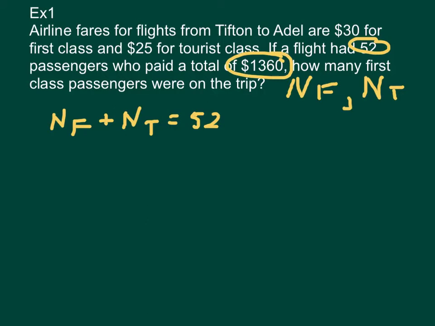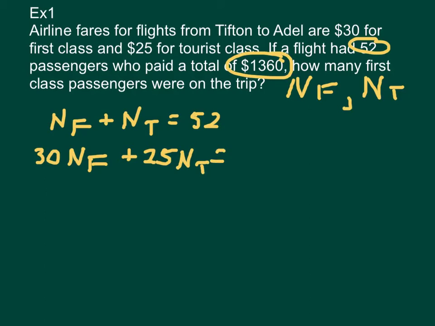So I know that $30 times how many first class passengers there are will give me the total money that first class is paying, plus $25 times the number of tourist class, okay, equals. Now we got to give this a little thought on how we're going to designate this.